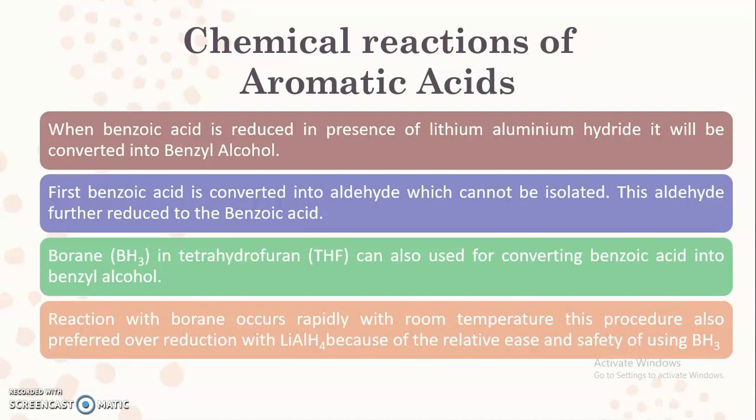So this procedure is preferred over the reduction with lithium aluminum hydride because of the relative ease and safety of using borane. That's why borane is preferred over lithium aluminum hydride to carry out the reduction of benzoic acid.